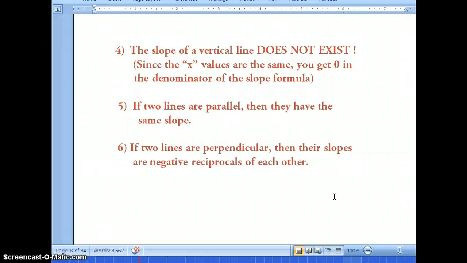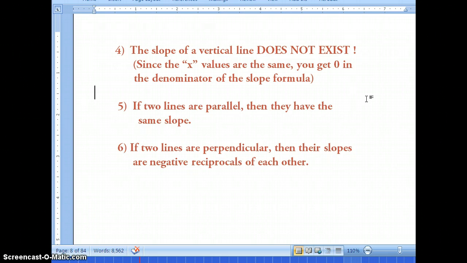And so if it's got the same x values and you're using that first formula, x2 minus x1 would equal 0, and anything divided by 0 doesn't exist.